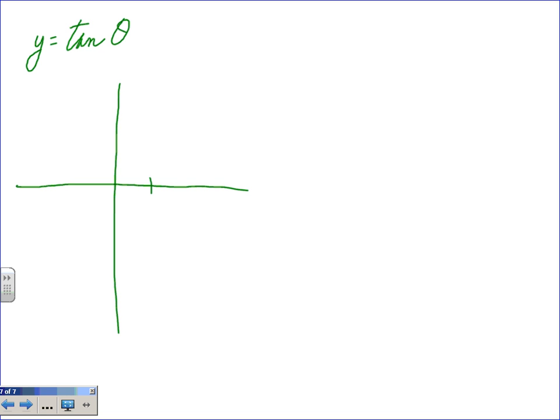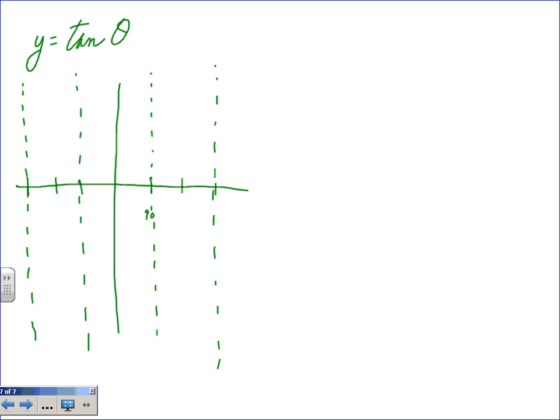And so this would be 90 degrees. What is the tangent of 90 degrees? Undefined. And so we have a vertical asymptote at 90, 180, negative 90, or at 90 and 270, sorry.